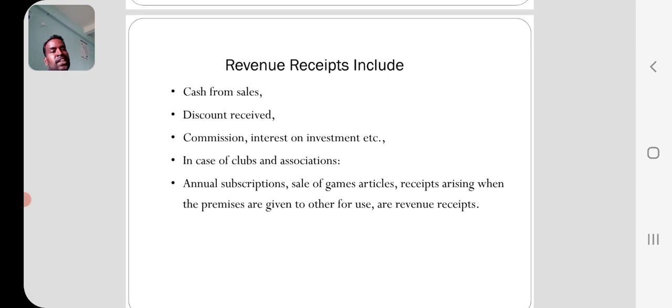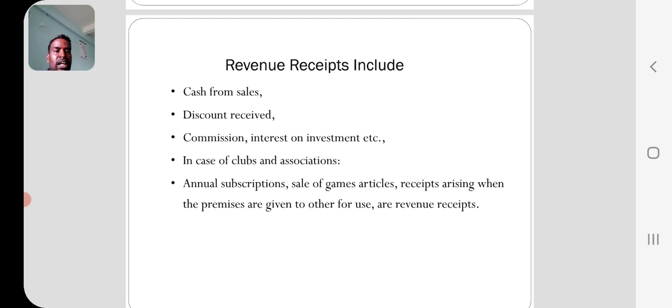Revenue receipts include cash from sales. With sales, we are getting some money. It's called a revenue receipt.